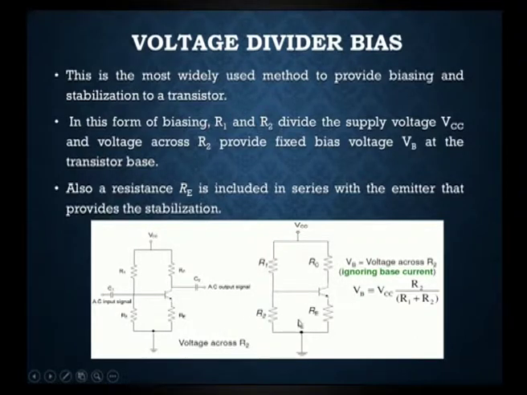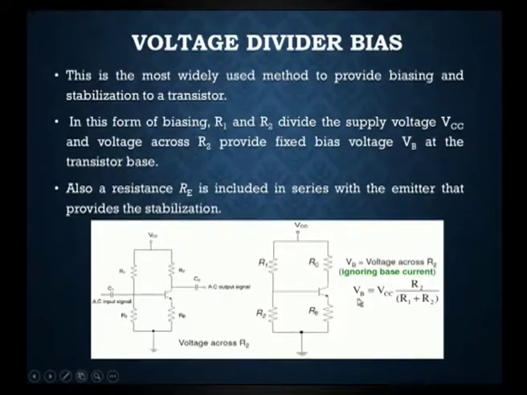Ignoring base current, we find that VB is equal to VCC into R2 divided by R1 plus R2, using the voltage divider formula. This is how we can find the base voltage: VB is equal to VCC into R2 divided by R1 plus R2.